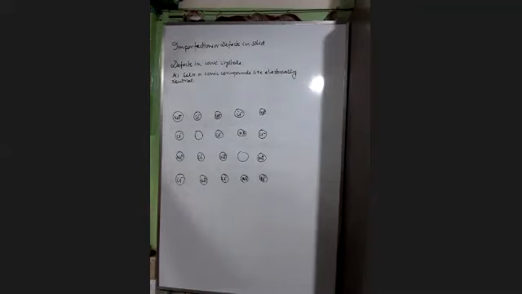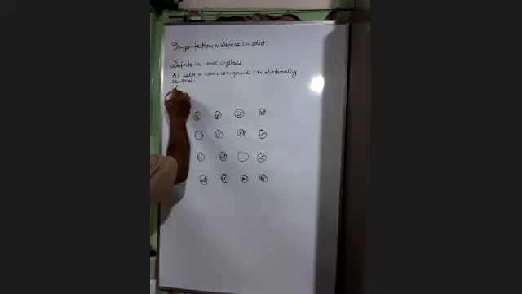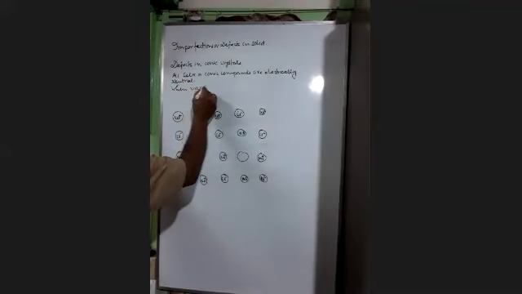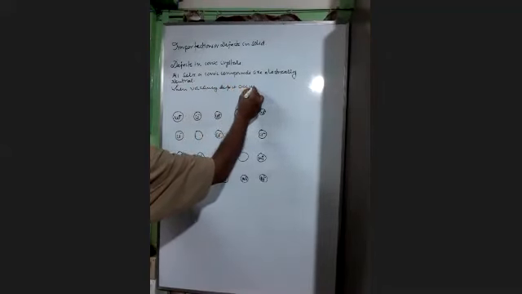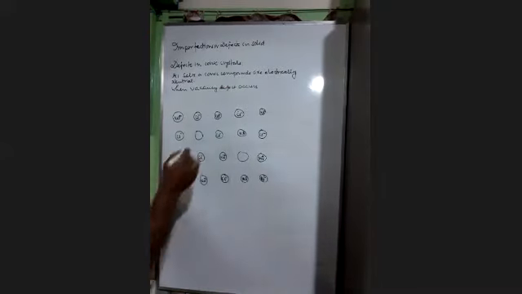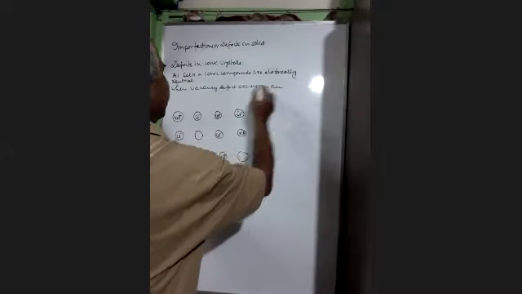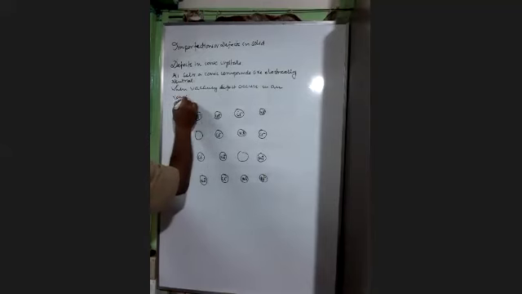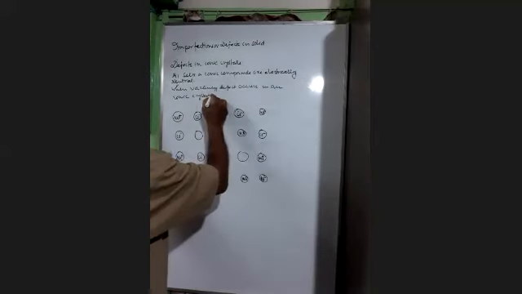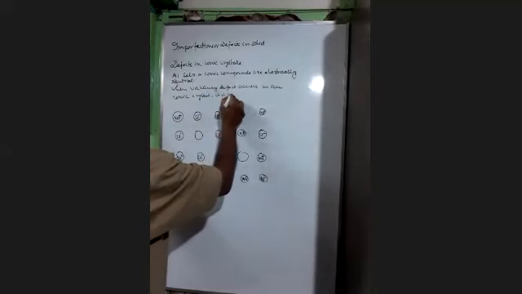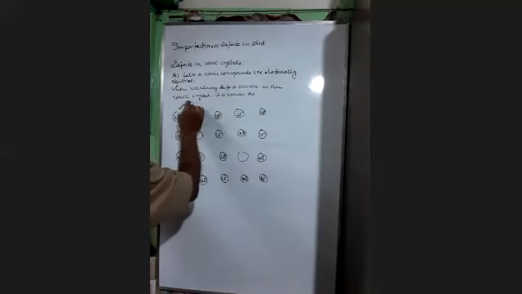But when the vacancy defect occurs in an ionic crystal, we give some other name to it. So when vacancy defect occurs in an ionic crystal, it is known as Schottky defect.